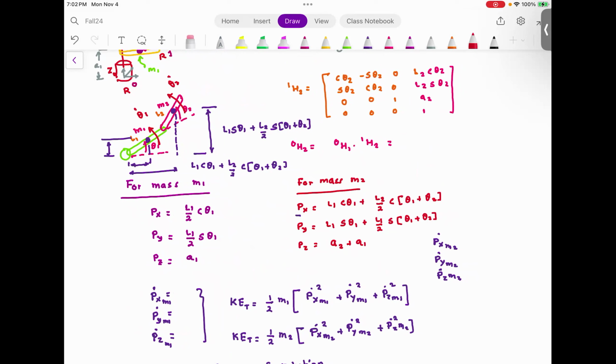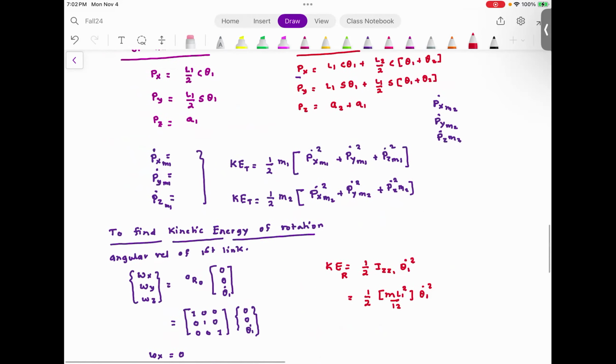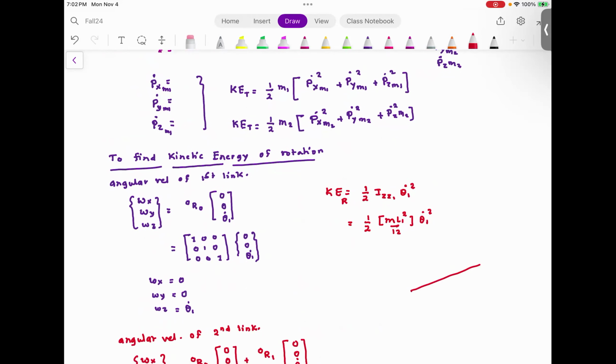Everyone understood this? Wouldn't it be given by the distance from the... No, the angular velocity of a body will be the same anywhere on the body. Translational velocity of the body will be different. Example, if you have this body and you measure the angular velocity here, it's going to be omega.